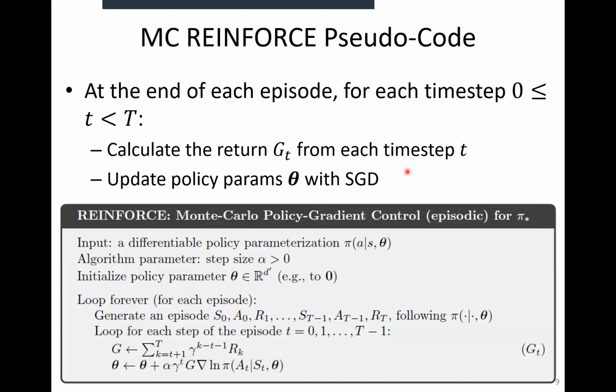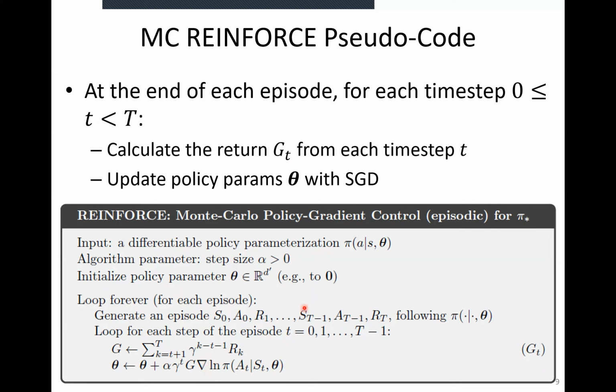So this is the pseudocode for MC reinforce. At the end of each episode, you loop over each step of the episode and calculate the return from each time step, and then update the parameter with SGD, with this expression, with the log pi inside the derivative.